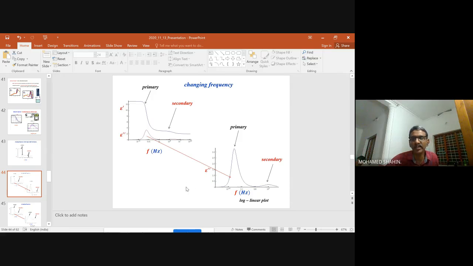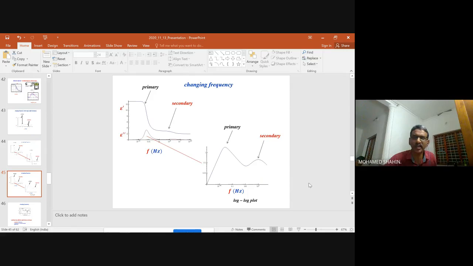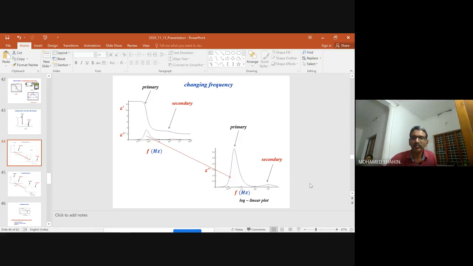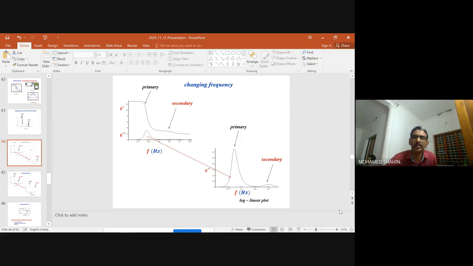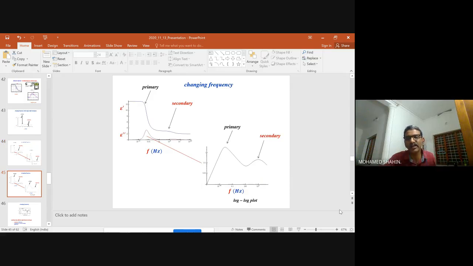Whatever is on the low frequency side is called the primary process, and on the high frequency side you call it a secondary process. There are some other meanings also. More information is lacking in this diagram, so plot the y-axis in the logarithmic scale.